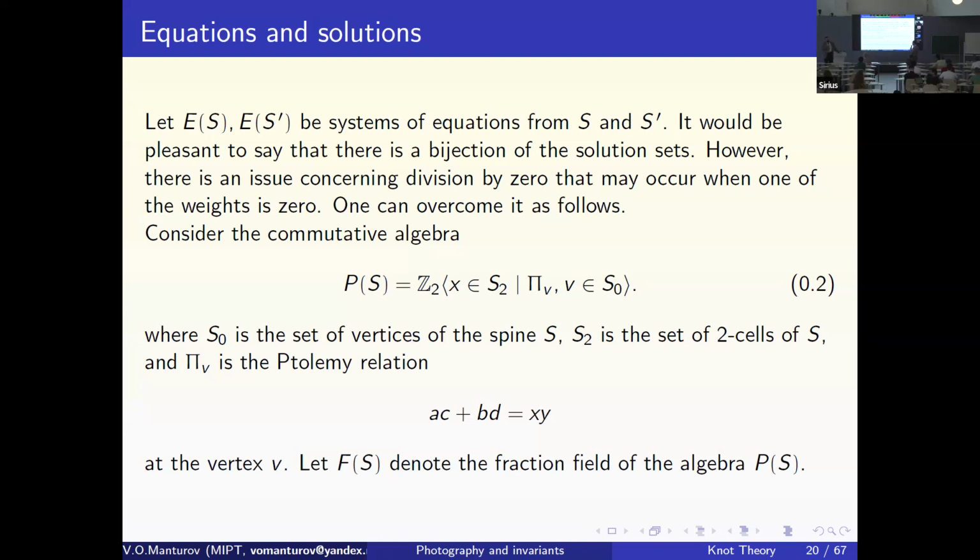But this is a minor thing, and you perfectly know it. Yes, but when you speak about spines, how many components? We postpone this discussion.